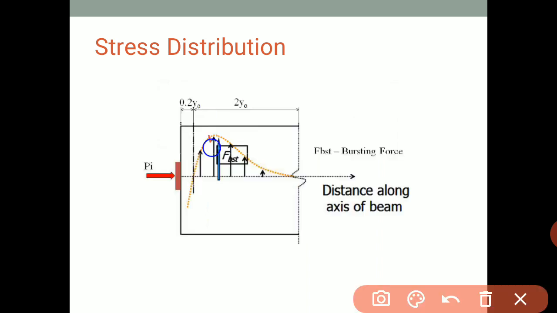There is a maximum stress. Now we'll come to know one type of force, that is bursting force. Bursting force is the maximum force where the pre-stressed concrete is going to burst if we have not taken care of the tensile reinforcement. It will burst and concrete will come out.